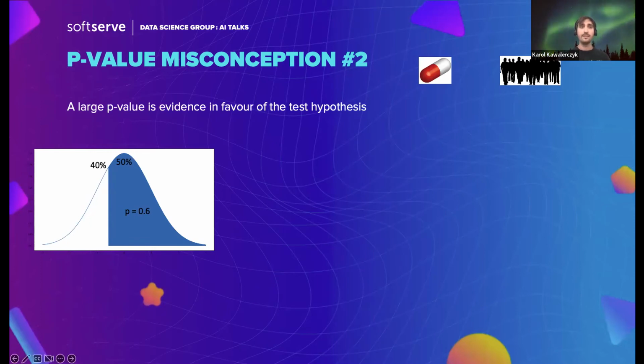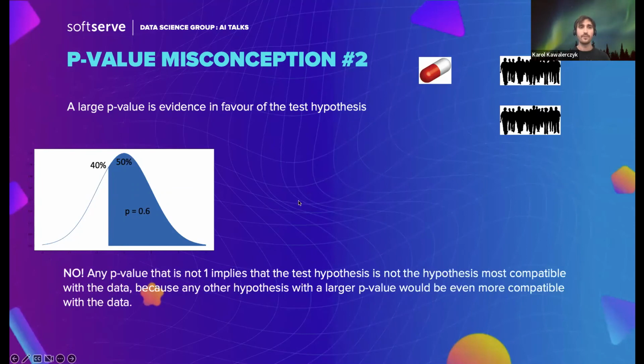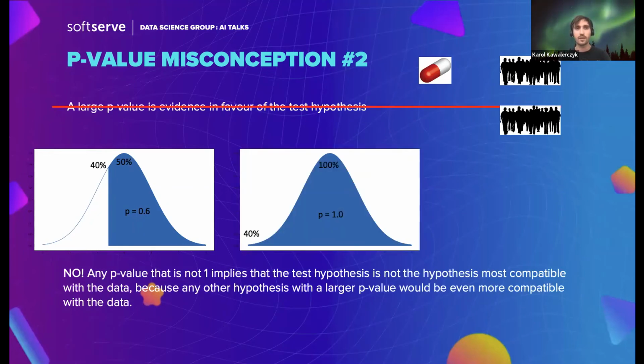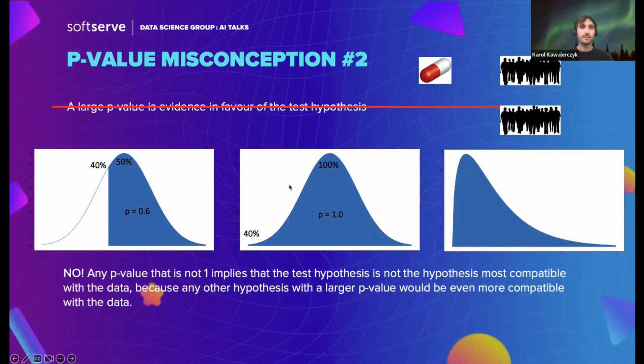Why is that? That is because if we, for example, have any other hypothesis that will bring us a p-value greater than 0.6, then that hypothesis would be already better. And any p-value that is not 1 implies that there is somewhere a hypothesis that fits our data better, in a more perfect way, I would say. And even when it is 1, it doesn't mean that it's the only hypothesis that can get 1.